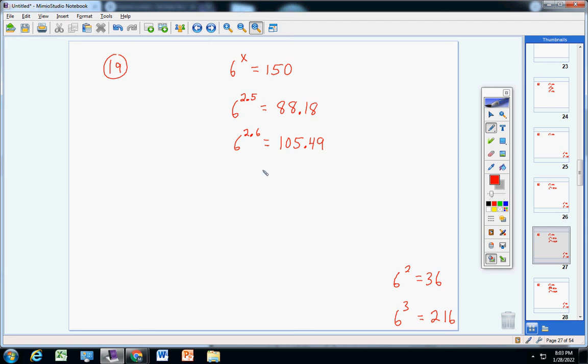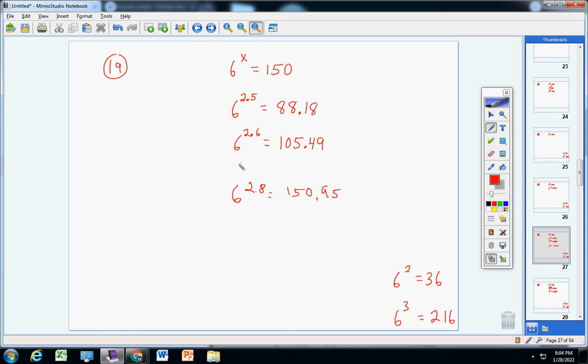I wonder why I did not keep going. Okay, let's see here. I hate that, but I did mess up. Okay, I'm using a mouse, so I'm going to be a little sloppy. 6 to the 2.8 is 150.95, so that's too high.